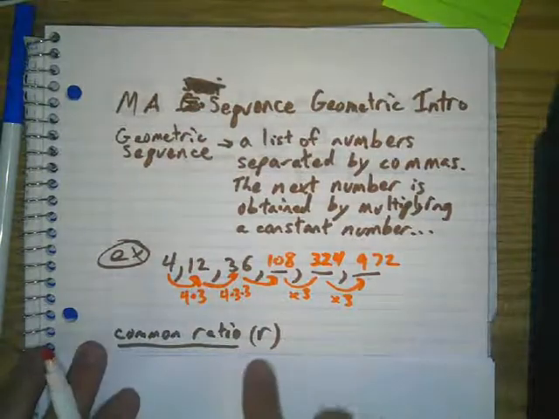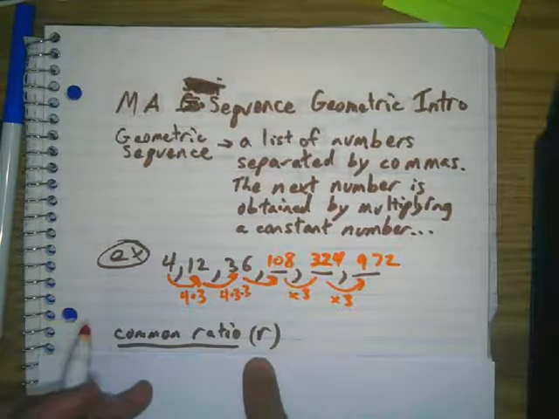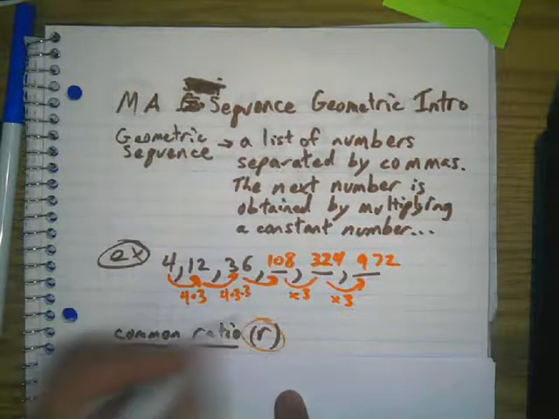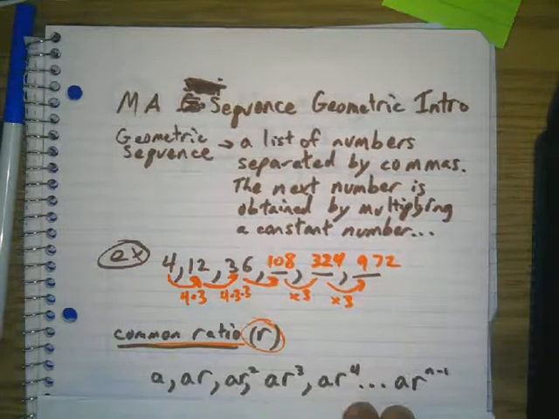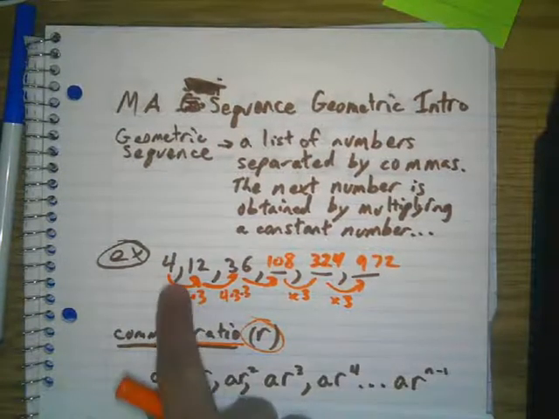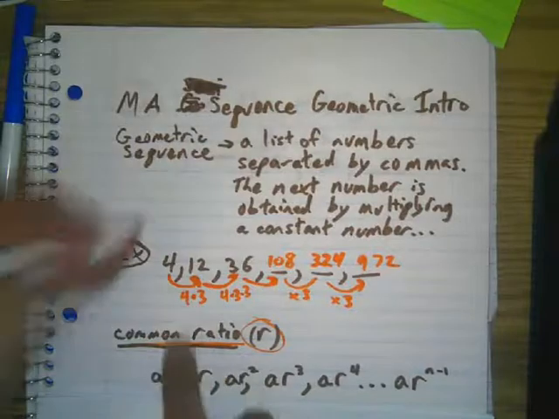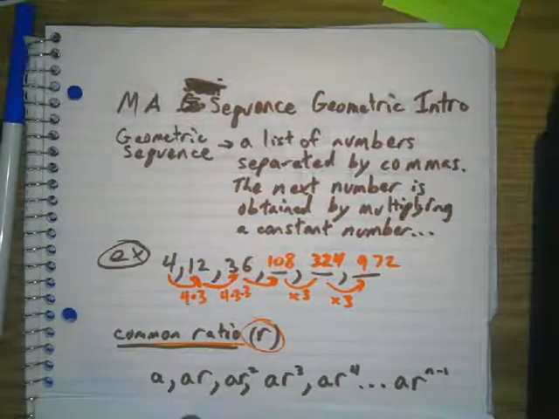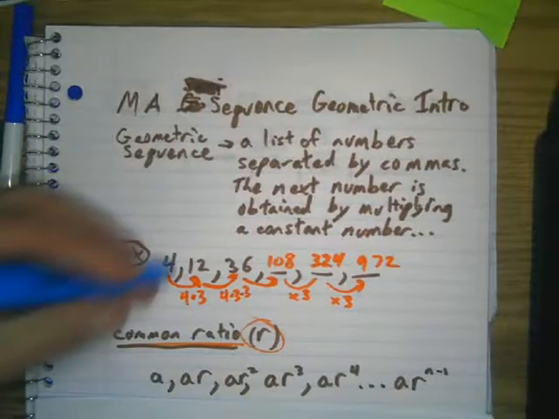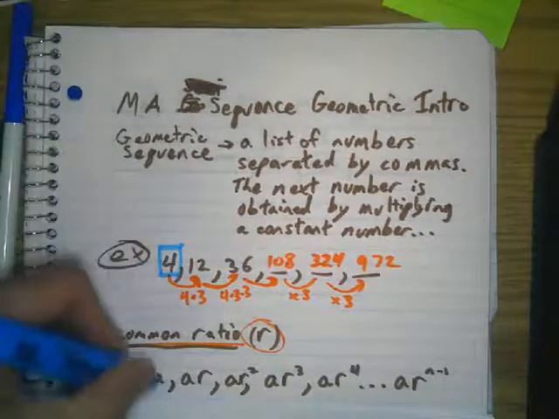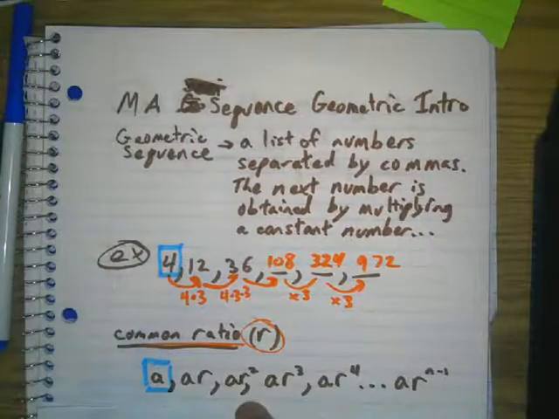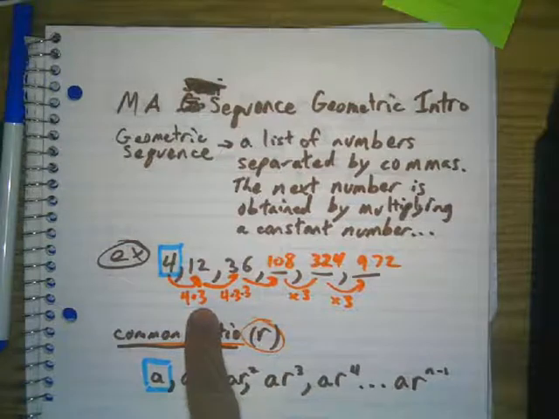Okay, so this value that we're multiplying by to get to the next one is called the common ratio. So notice how I said, if I go from here to here, let's say this first value here is A. Now to get to 12, I multiplied it by 3, didn't I?